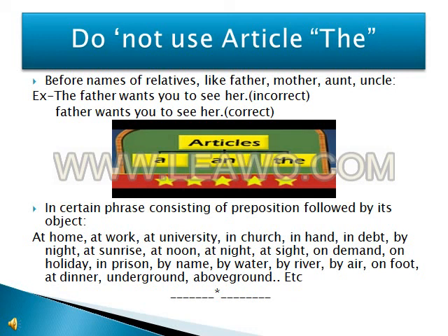For example: at home, at work, at university, in church, in hand, in depth, by night, at sunrise, at noon, at night, at sight, on demand, on holiday, in prison, by name, by water, by river, by air, and so on. I mean to say, we cannot say these words like this: at the home. This will be incorrect. At the work, at the university. Got it? Okay then.